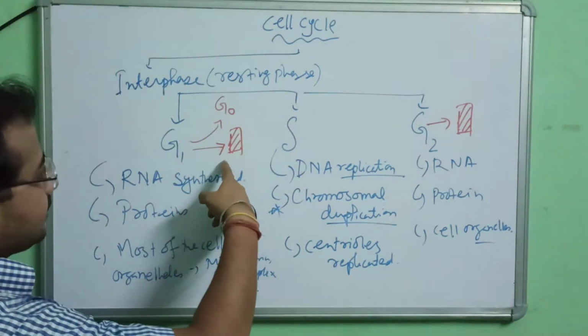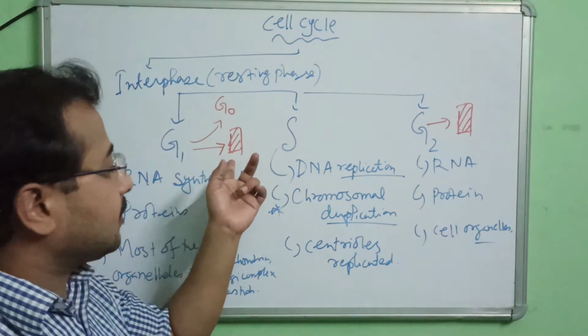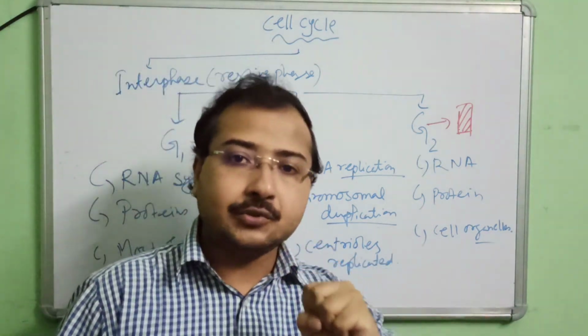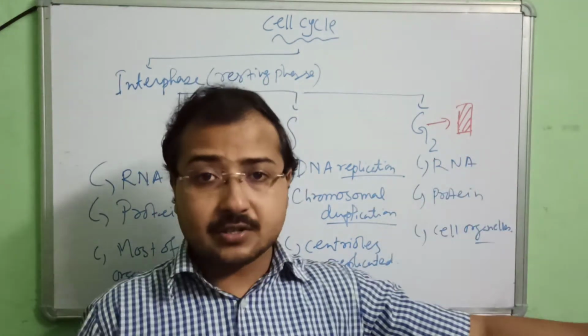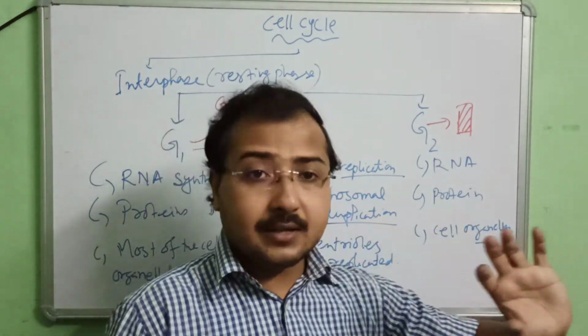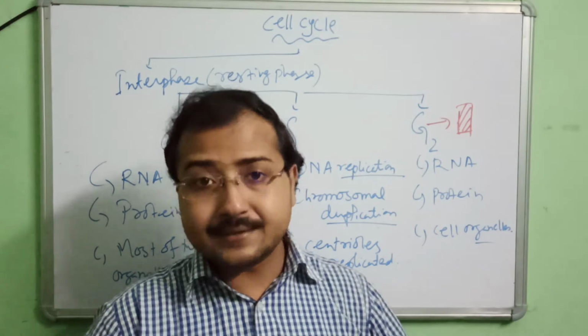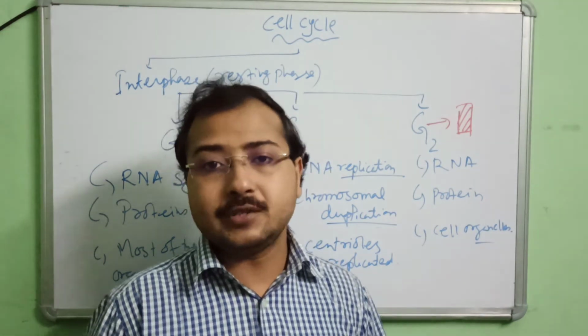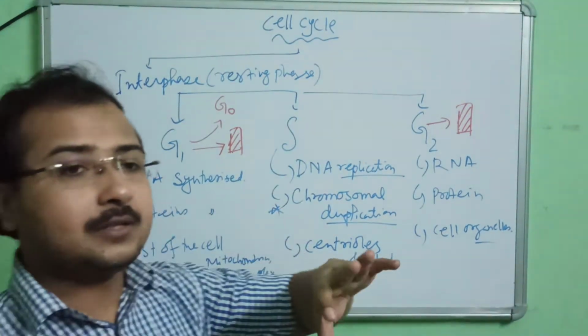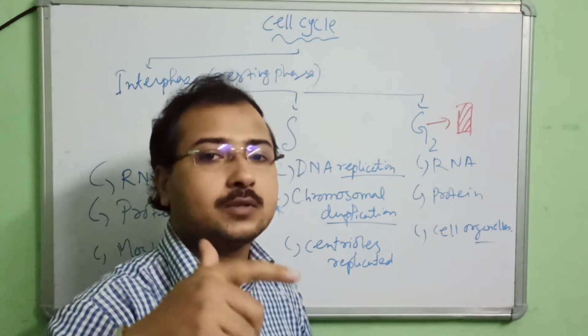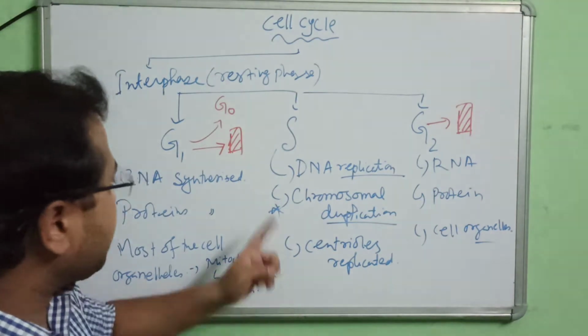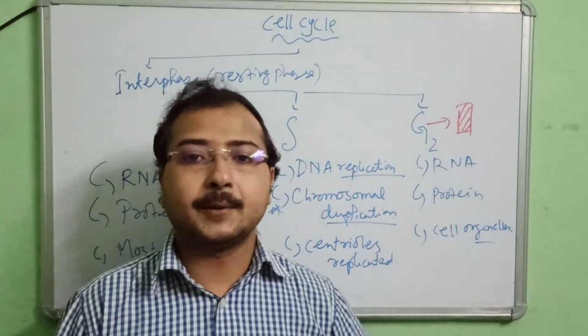Suppose it has been checked here that some cells are lacking nutrients, and nutrients are required by the cells for further divisions, because cell division is a heavy process. It needs energy, so the cell needs nutrients. If some cells are found lacking nutrients, directly those cells will be sent to the G0 phase for the time being.